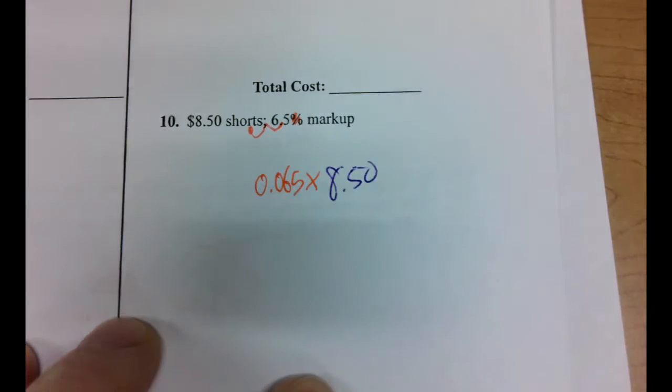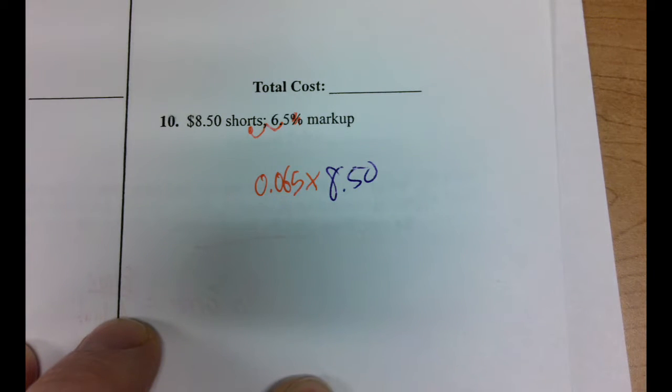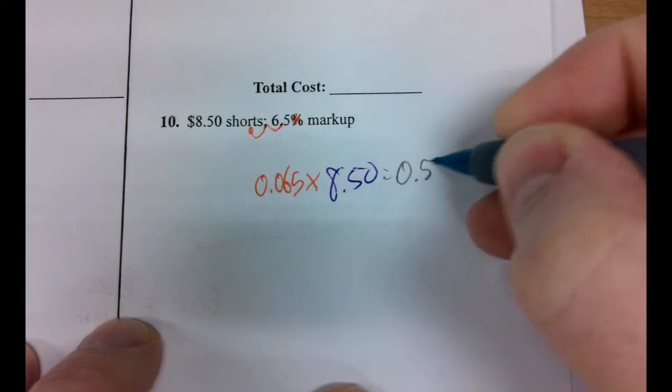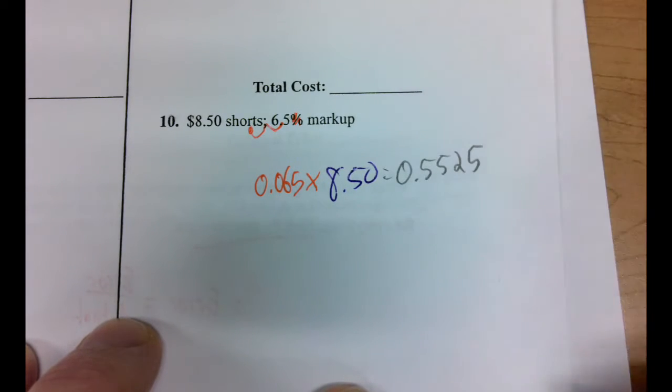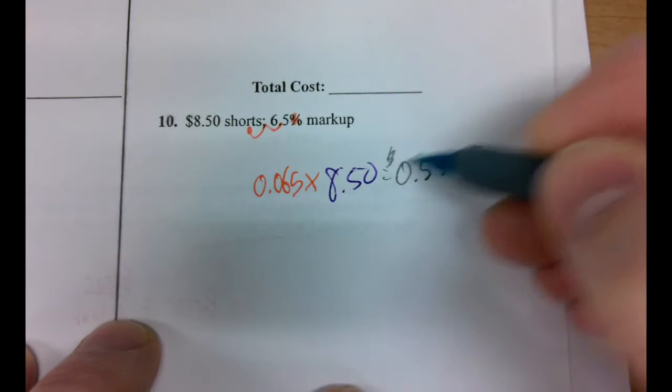Grab that, type that into a calculator, and remember, when you're done, it needs to be a markup. If you get a long decimal, then make sure that you just round to the nearest penny. In this case, it comes out to be 0.5525. Don't move decimals. This is money. Money has 2 decimal places. So round to the nearest hundredth. Look immediately after that 5. Is this 5 or higher? Nope.